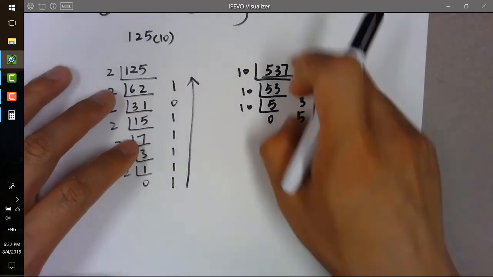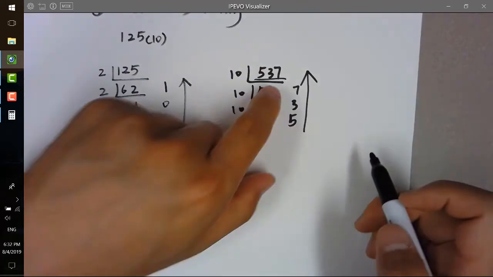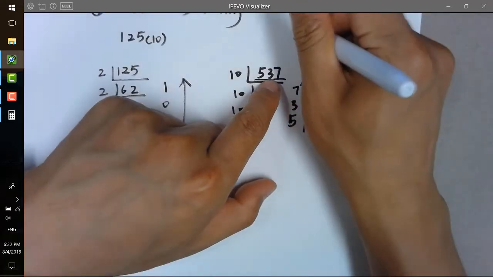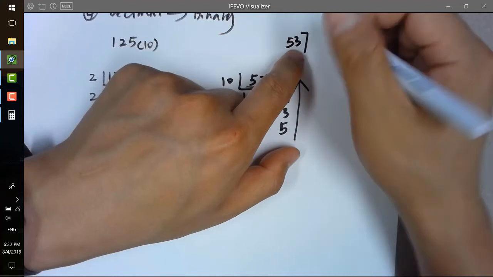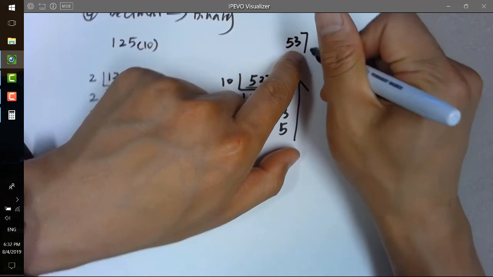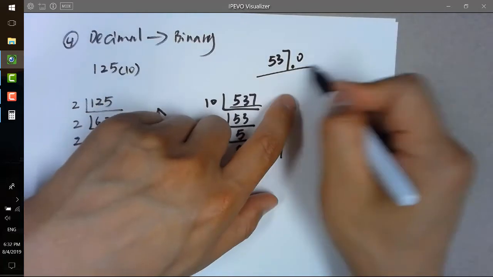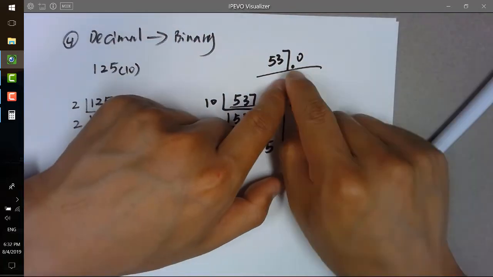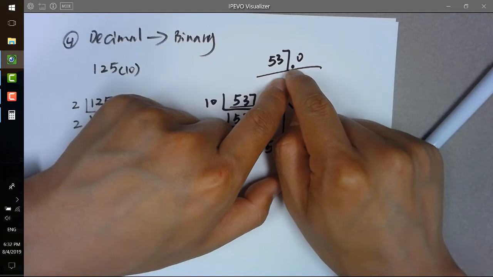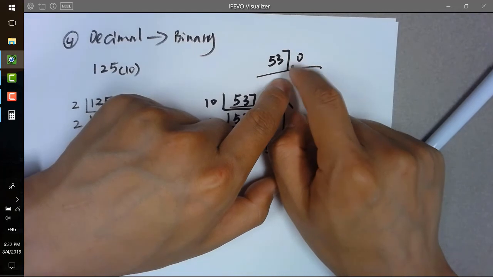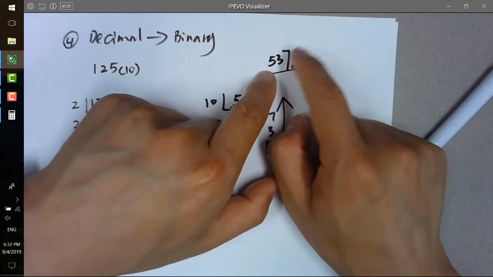This works in that way because whenever you divide this number by 10, in the very beginning, the decimal point is actually like here, right? That's 537. In the very beginning, you didn't write it down, but actually you have a decimal point here. It's 537.0.